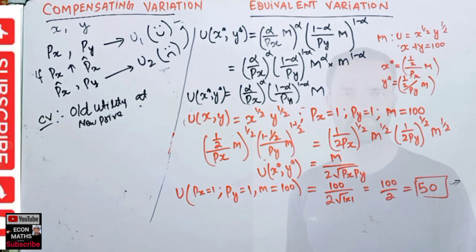Now we need to take this old utility. Old utility is 50, and we set it equal to the new prices.